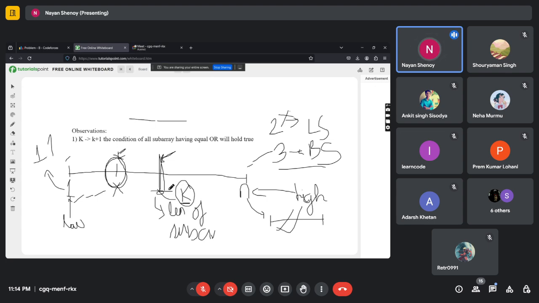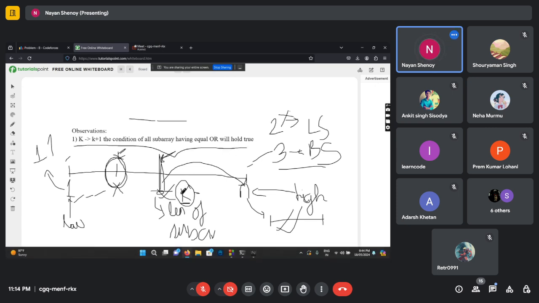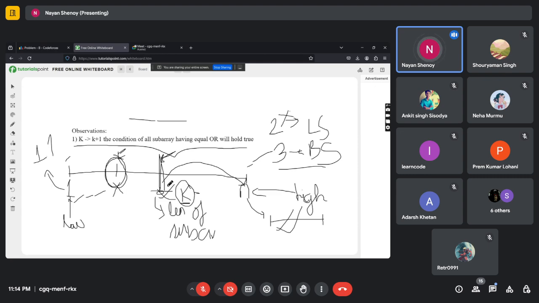So if for k we know that this holds true, then for everything bigger than k we know it holds true, from the observation that we got in the previous explanation. So you know that the answer is not here, at the smallest value of k. So what we'll do is shift our high to what? Mid minus 1. Because we know our range is somewhere here, the smallest value. High will be somewhere here, mid minus 1.